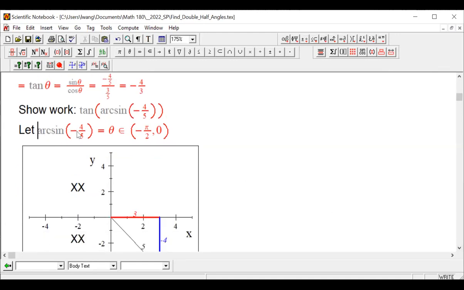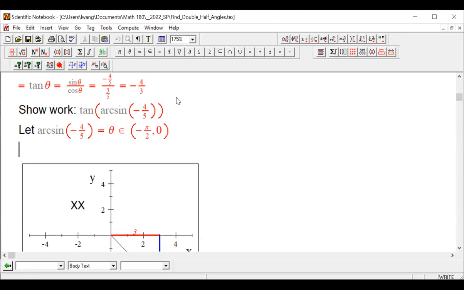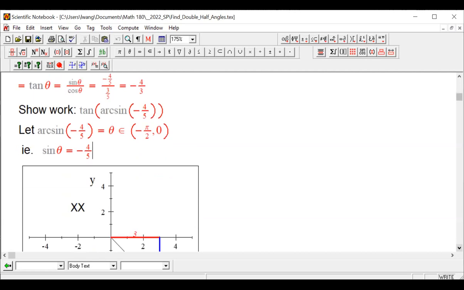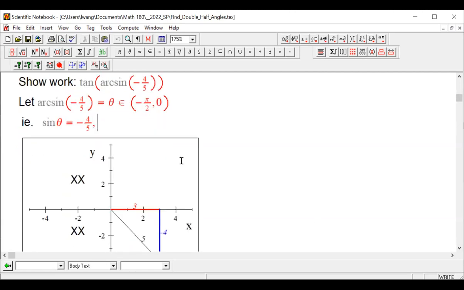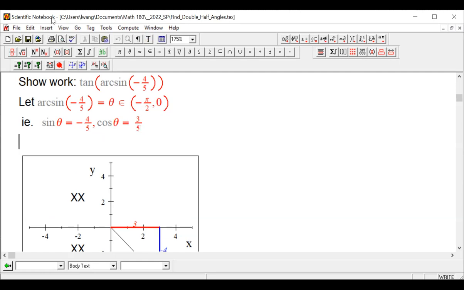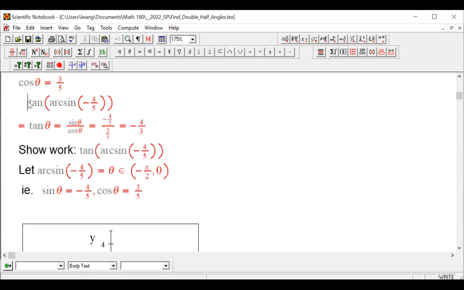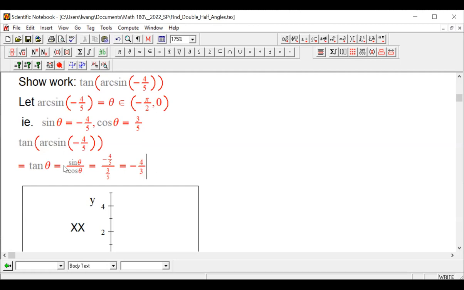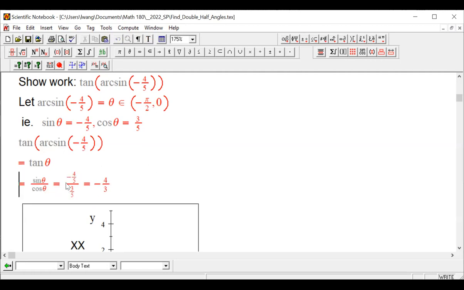Once you write this down, you will say, we already said it, right? So you write down here, i.e., and then you draw the picture underneath, and you have cosine theta, which is shown over there, 3/5. And the last piece you need to show, you just show this piece. That's all you need to show.